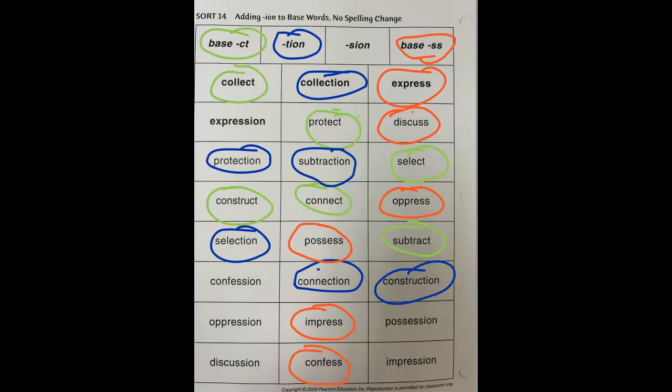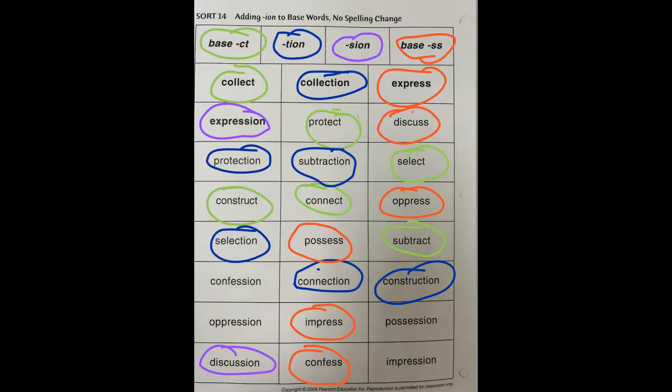Go ahead and switch colors. We're going to do the same thing. We are again adding an ending. This time it's not TION, it's SION, but it does the same to the sound. It makes the shun sound. So we went from express to expression. You went from discuss to all the way down here, discussion. Makes the sh sound.